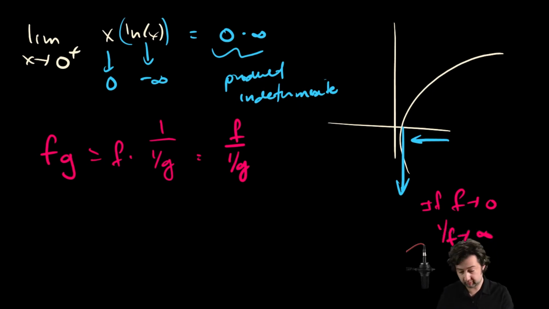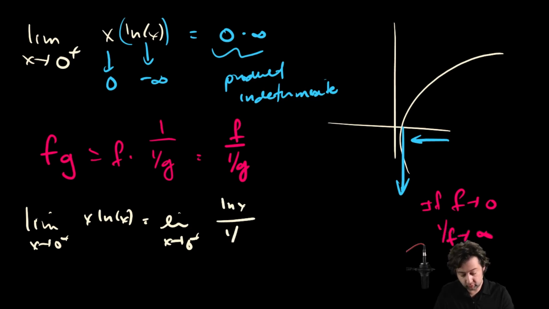How can we use it on this problem? The limit as x goes to 0 from the right of x times the natural log of x is equal to the limit as x goes to 0 from the right of the natural log of x over 1 over x. That's just using the rule that I've written in red. Now what can I do with that? Well, if I've turned this into a 0 over 0 or infinity over infinity, I can use L'Hopital's rule on it.